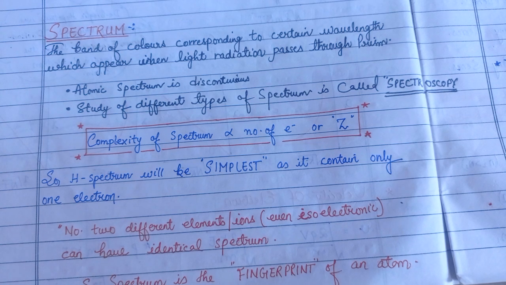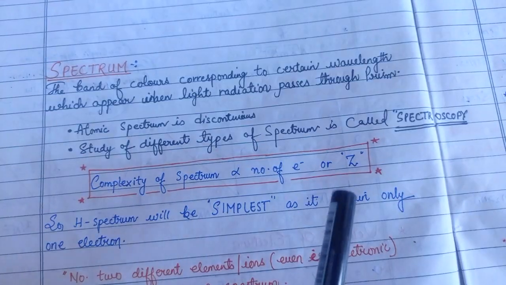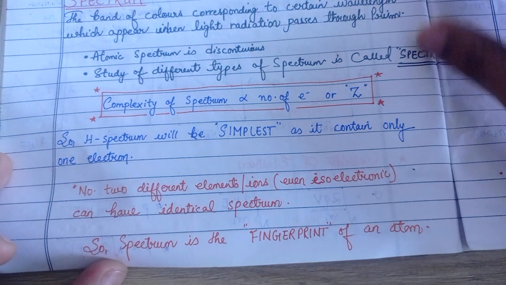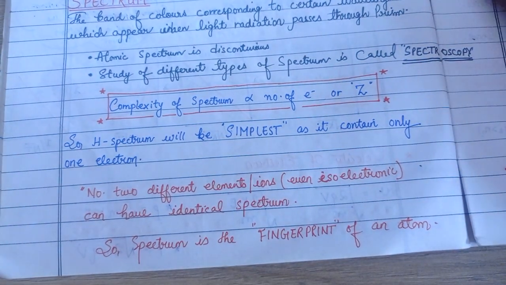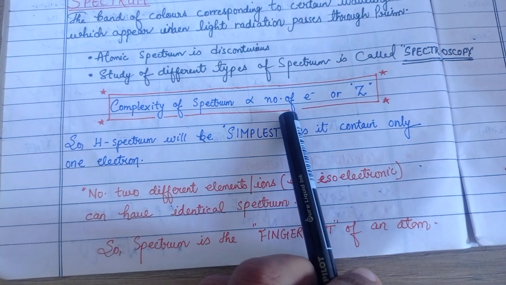So you are predicting right. The element with the simplest spectrum is hydrogen, because it contains only one electron. The rest of the elements containing 2, 3 and 4 electrons will have a little more complex spectrum. But in class 11th, we have to learn only about the spectrum of hydrogen.